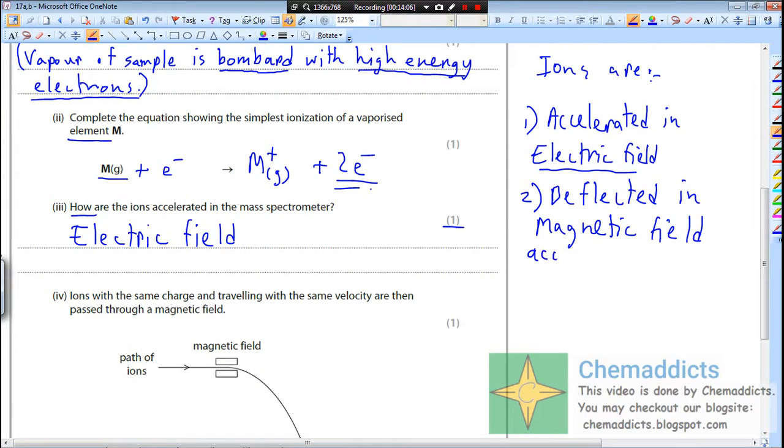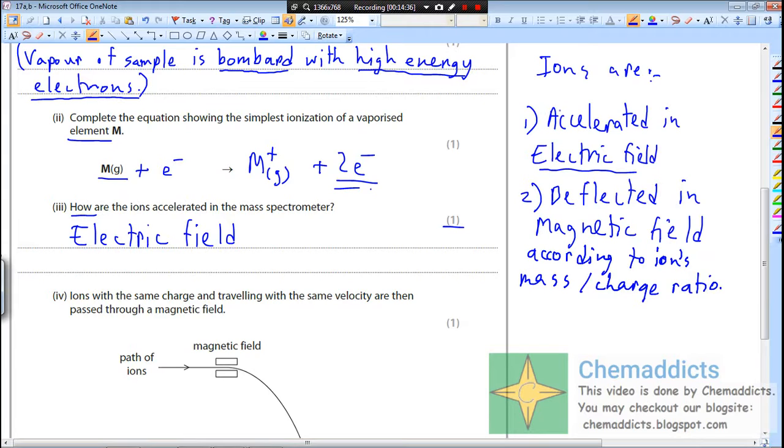Here the ions are deflected in the magnetic field according to the ions' mass by charge ratio.